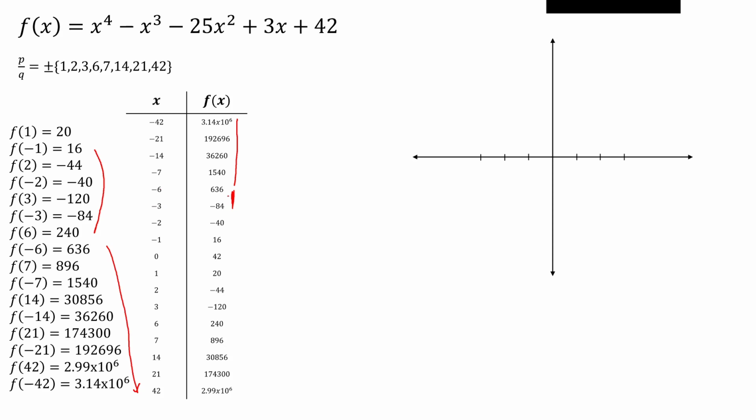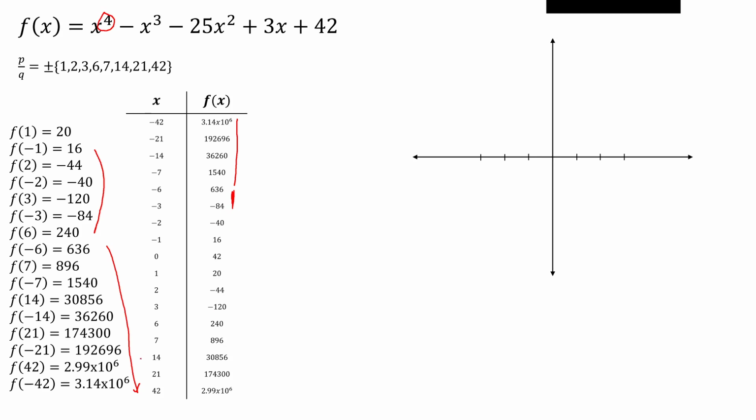If f of negative 6 is a positive number and f of negative 3 is a negative number, that means there must be at least one zero between negative 6 and negative 3. We also know that there are 4 zeros for this polynomial. That's what the fundamental theorem of algebra says.